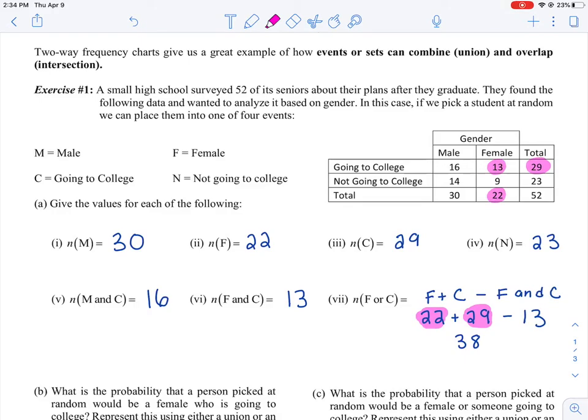So I need to subtract the 13 students that they share to get that there are 38 total that are female or college. So remember, this is our formula that we did yesterday, that you need to subtract the overlap so that you're not counting those people twice.